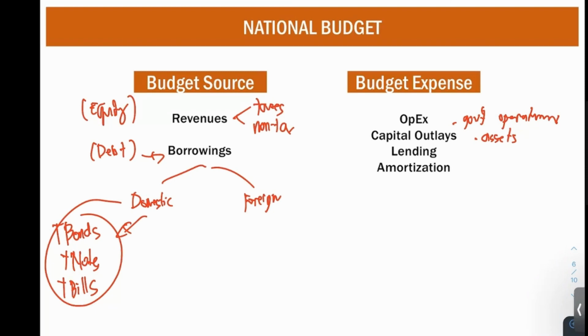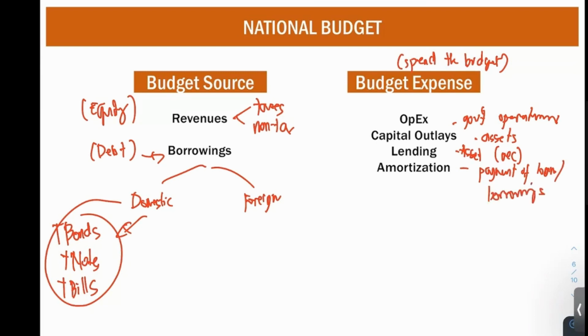Actually, it's not an expense because you can consider this as an asset receivable, but we say it is a budget expense because that is how we spend the national budget. Next is amortization. These are expenses of the government in the payment of loans or borrowings.